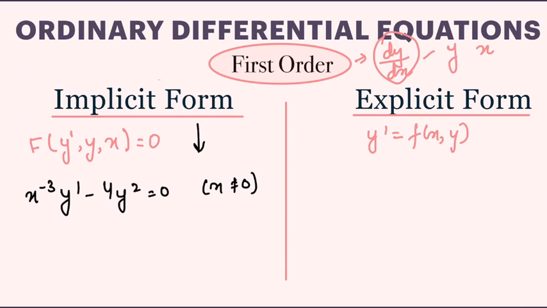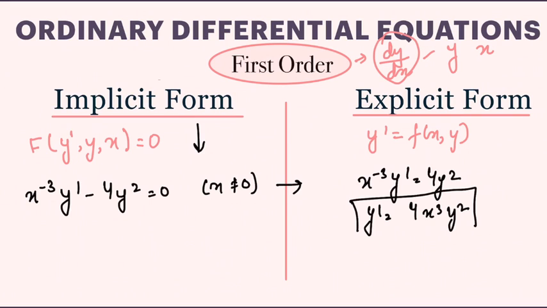Now, to convert it into explicit form, we would write x to the minus 3 y prime is equal to 4y square, which can also be written as y prime is equal to 4 by x to the minus 3, or we can say 4x cube y square. This is the explicit form of the differential equation.